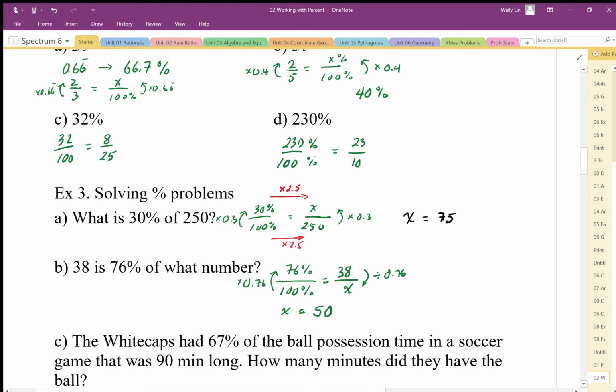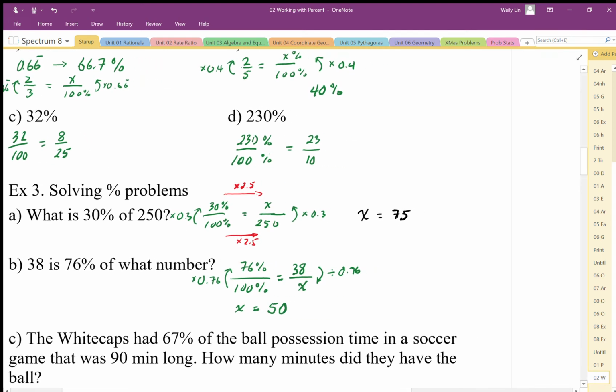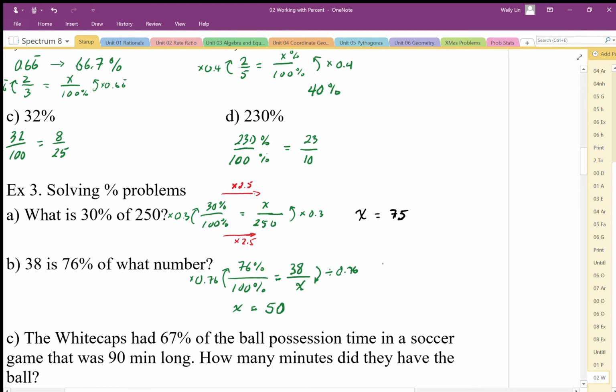So when we're doing this, we could also set this up as a times-divide problem. We can say that 38 is the part, and we want the whole.